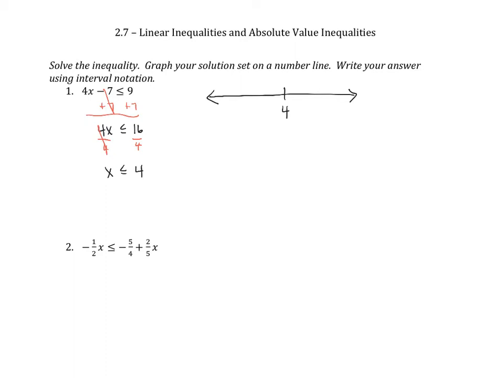So for 4, everything that's less than 4 is an answer. So that means this way on the number line, all of those numbers are answers. And we have two ways to represent our boundary point. Since there is an or equal to sign underneath, that means 4 itself is an answer. So to represent that on the number line, we use a square bracket.